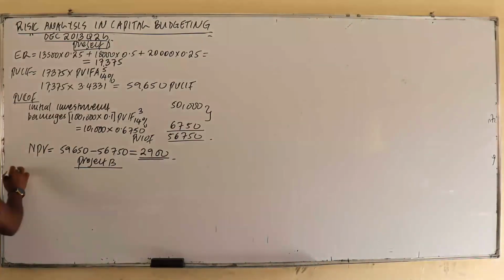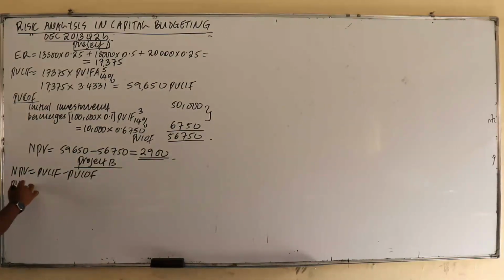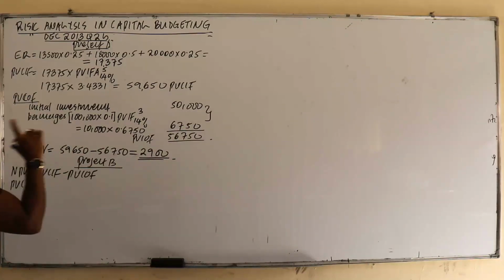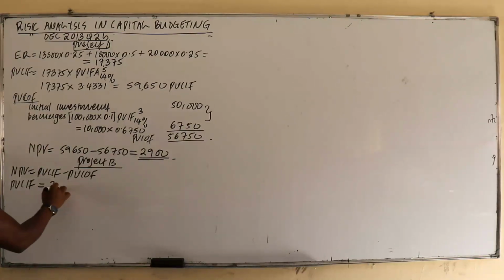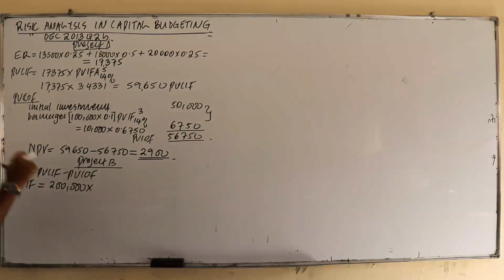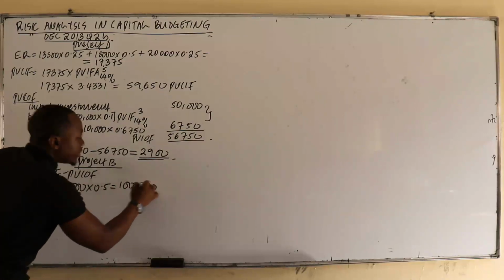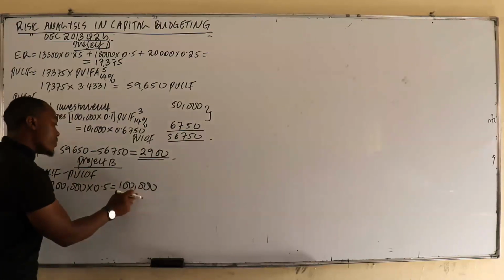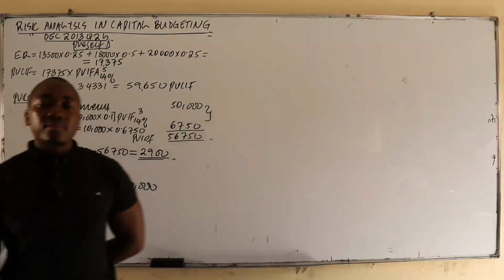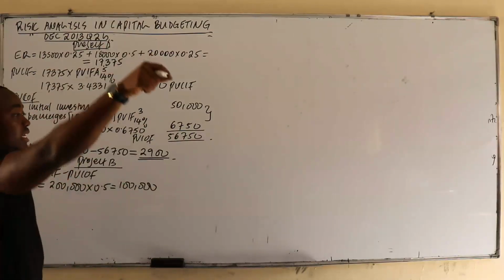So NPV is the present value of cash inflow, less present value of cash outflow. Present value of cash inflow, if the project is successful, you get a patent worth 200 million, but the probability of this happening is 0.5. Therefore, you work with how much? 100 million. But when are we expecting to get the patent? After 3 years, not for each of the 3 years, but after 3 years.